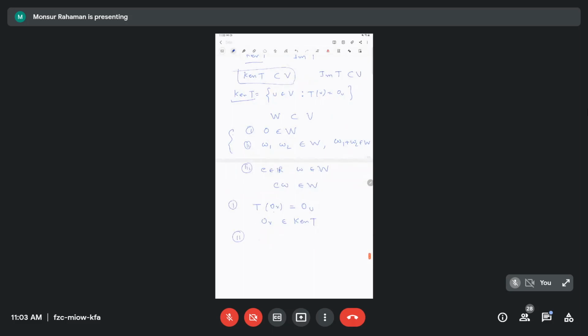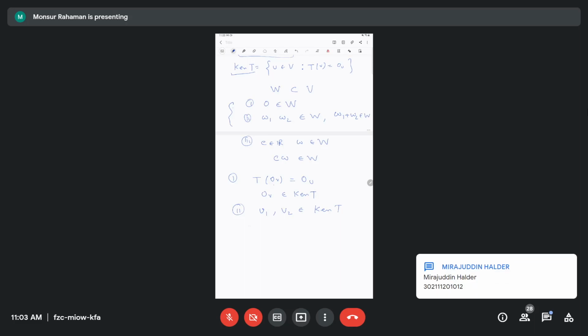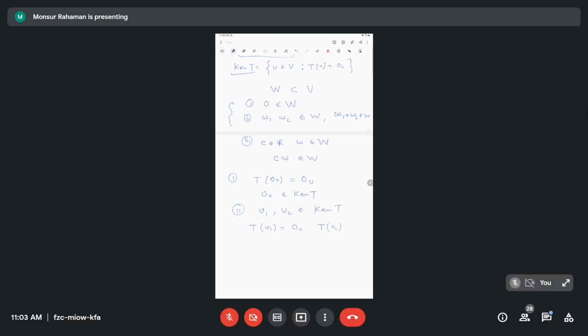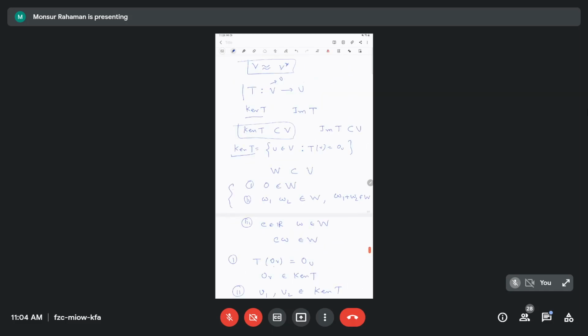Second, we'll check that v1 is in ker T and v2 is in ker T. So by this definition, Tv1 equals 0u and Tv2 equals 0u. We are writing u to denote the 0 vector, because there is a 0 vector 0v and there is a 0 vector 0u.